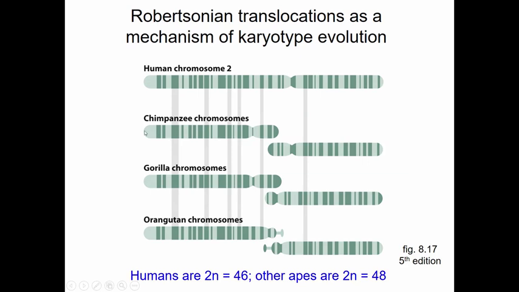But all the genes on this chromosome match up with the left side of human chromosome 2, and all the genes on the other chromosome match up with the right side of human chromosome 2. So sometime after the common ancestor, here's the lineage that humans came from, and here's the lineage that all the great apes came from, split off, these two chromosomes broke somewhere in here and came together to make a single chromosome.